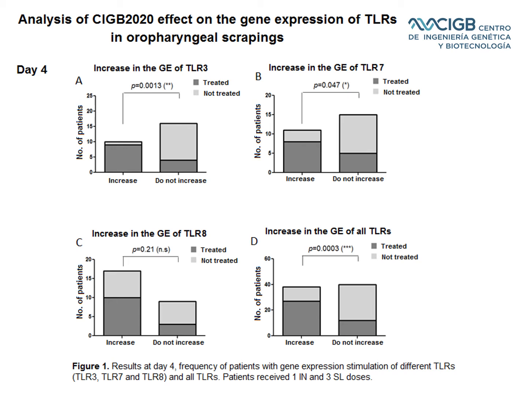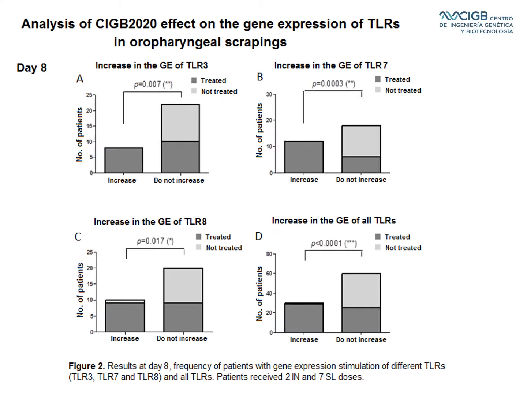So the overall statistical estimation with the 3 toll-like receptors at the same time was very significant comparing treated and non-treated patient volunteers.